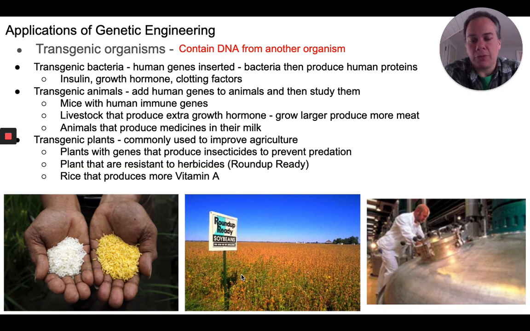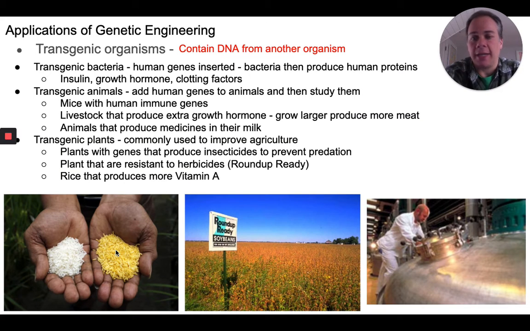Rice, a type of rice called golden rice, has been genetically engineered to produce greater amounts of vitamin A precursor molecules, and so it's more nutritious, and it's helped to reduce blindness in populations that subsist basically on small amounts of rice.